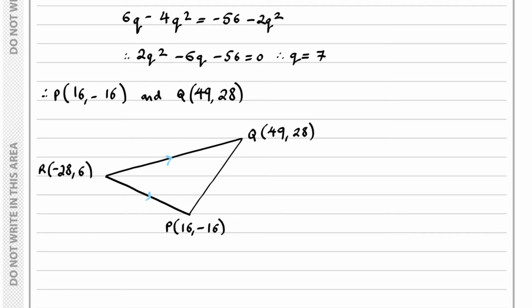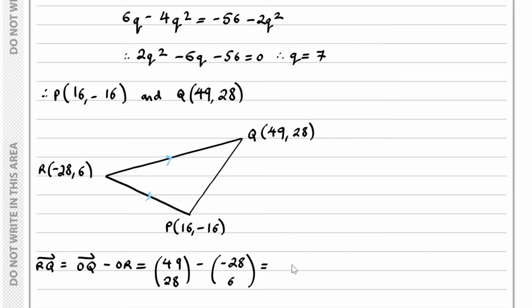First of all, finding RQ, that's equal to OQ minus OR. So in column notation we have 49, 28 minus minus 28, 6. It turns out we get 77, 22.